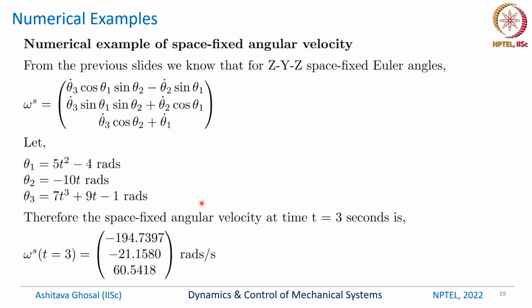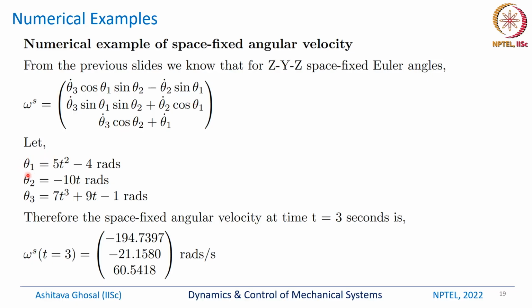Whereas if you want to find the angular velocity vector, then we cannot simply take the derivative of the components. It involves theta 1 dot, theta 2 dot, theta 3 dot. So for example, in the ZYZ space fixed Euler angles, if I take the derivatives, I will get this, and the omega s is given by these functions of theta 3 dot, cos theta 1, sin theta 2, and so on.